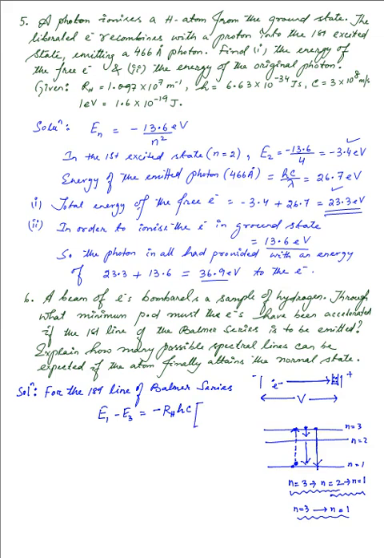For n is equal to 1 to n is equal to 3, this is something of the value 8 over 9, and negative multiplied with negative is obviously going to be positive. So 8 over 9 R_H times hc, we put the values that we know of, and from that we calculate the value of E3 minus E1 in electron volts. Of course, that comes out to be 12.1 electron volts.